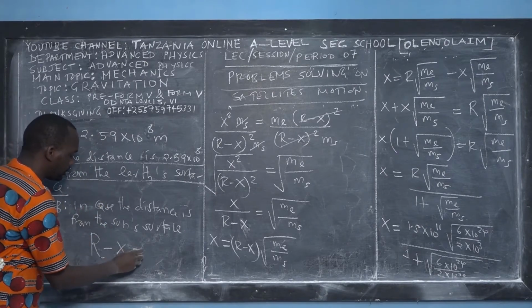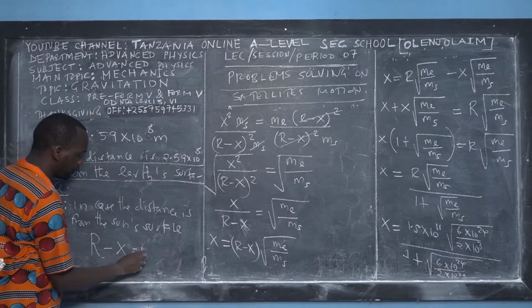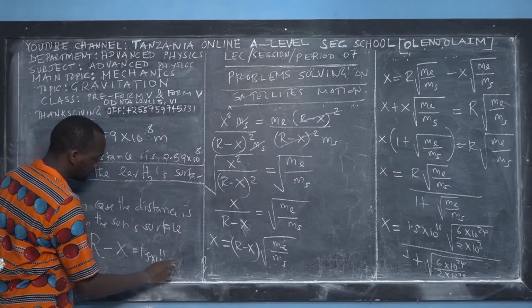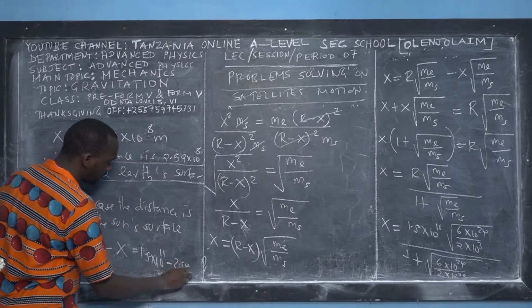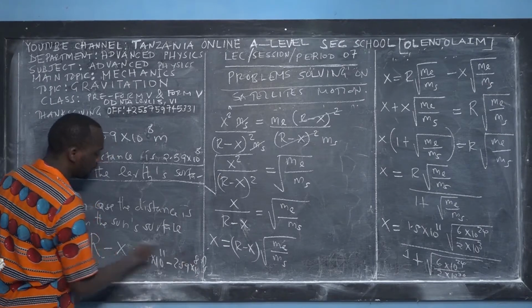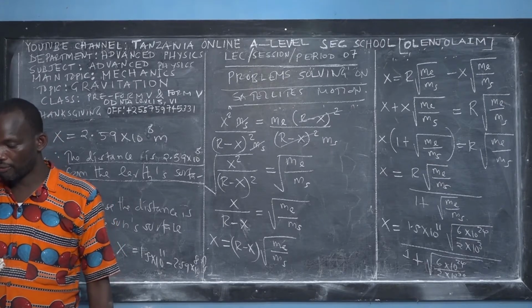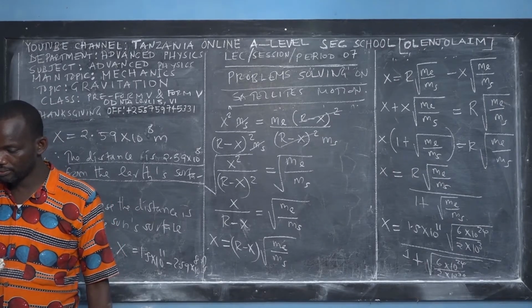So for that case, it will be 1.5 exponent 11 minus 2.59 exponent 8. Then we get the distance where the gravitational force is 0. Okay?